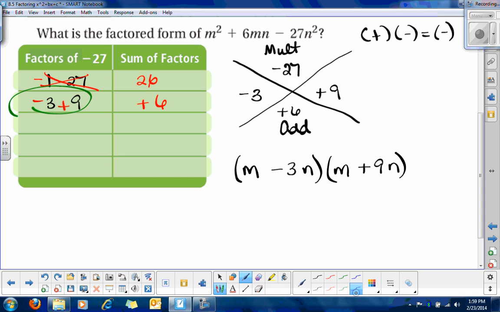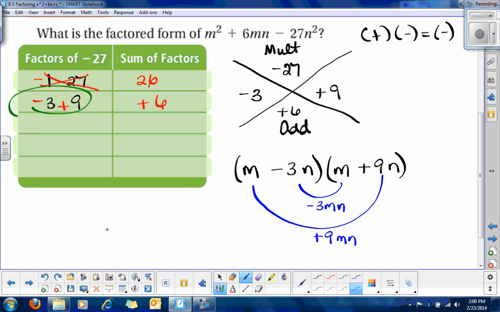If you want to double check, there's our inner. So negative 3n times m, negative 3mn. Remember, they do it alphabetical. And then m times positive 9n gives us a positive 9mn.